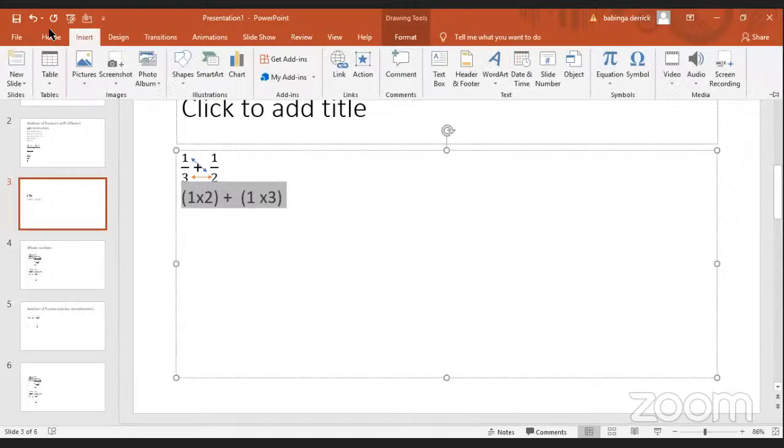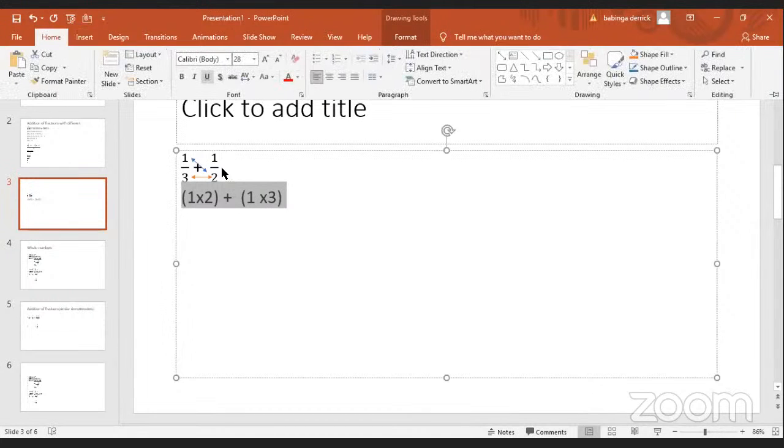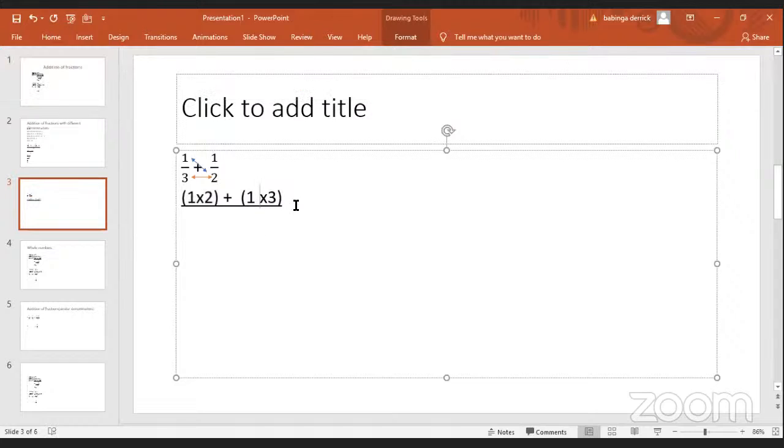The whole of this will be out of 3 times 2. As you see that red arrow, how it moves, it multiplies the denominator by the denominator.